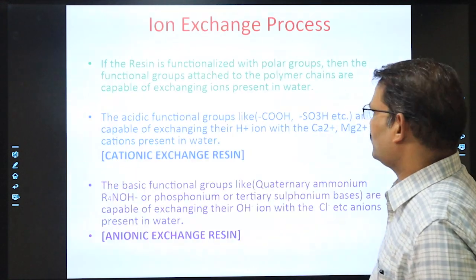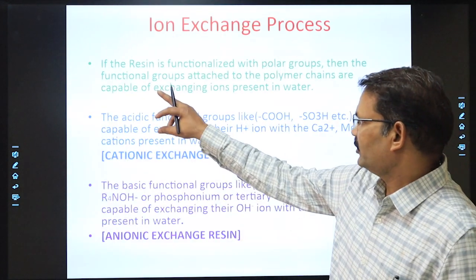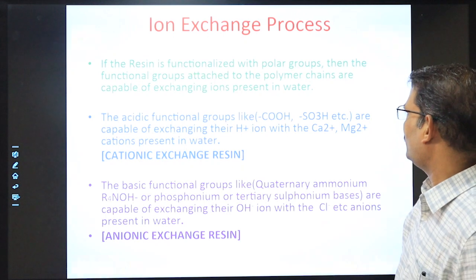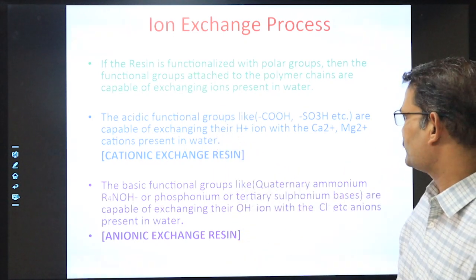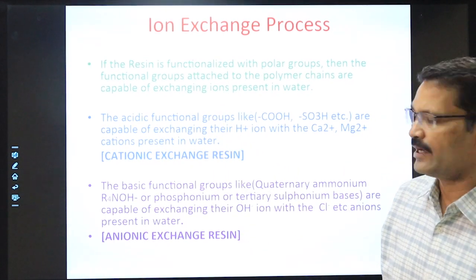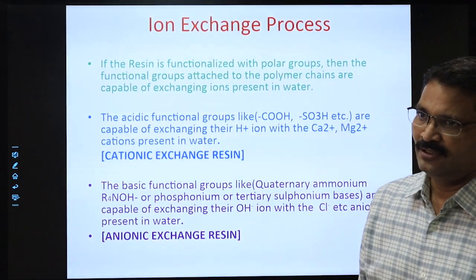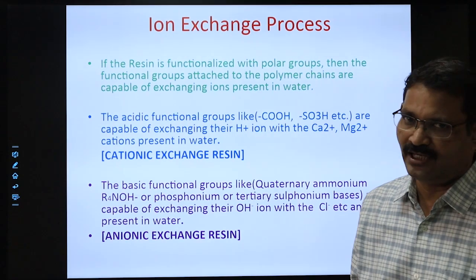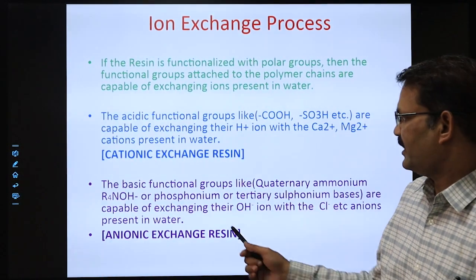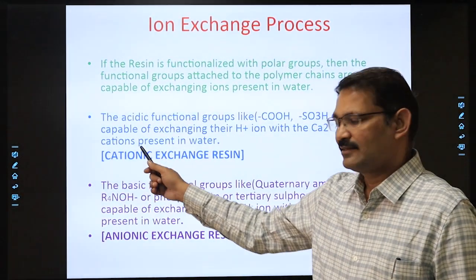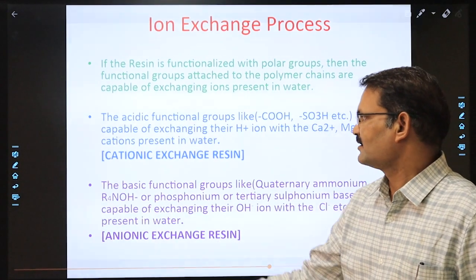So what are the groups that we have to introduce? If the resin is functionalized with polar groups, then the functional groups attached to the polymer chains are capable of exchanging ions present in water. There are two types of groups that we normally introduce, to exchange cations and to exchange anions.